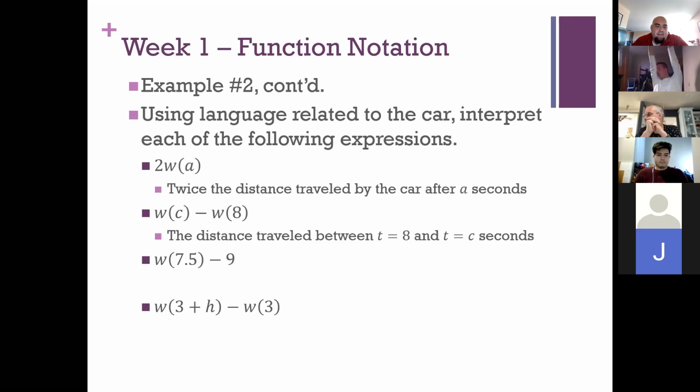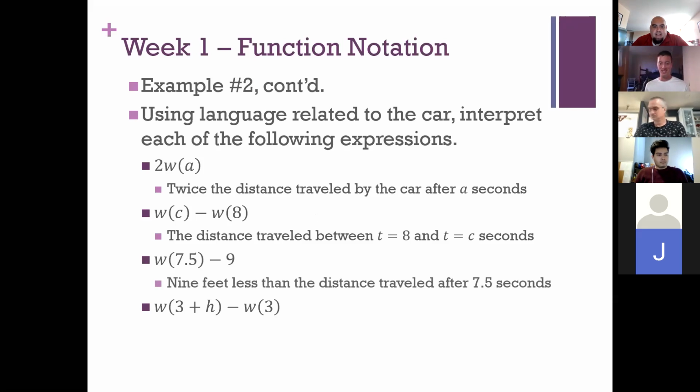So sounds like nobody fell into my trap of trying to take a difference between times here. There's a distance that the car travels in 7.5 seconds, and I want 9 feet less than that. So 9 feet less than the distance traveled after 7.5 seconds.